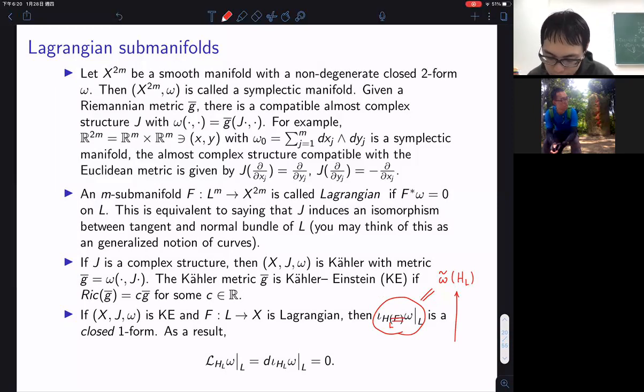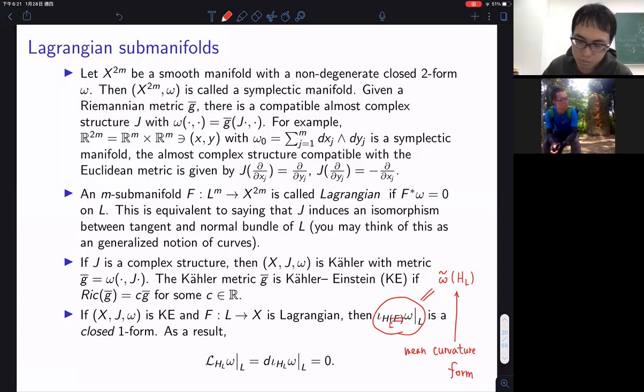Let's call it the mean curvature form. So if the ambient space is Kähler-Einstein, then one can show that the mean curvature one-form actually gives you a closed one-form, and it represents a cohomology class.